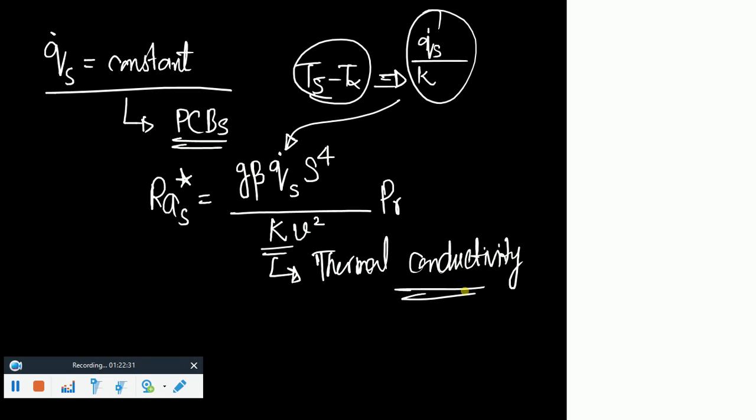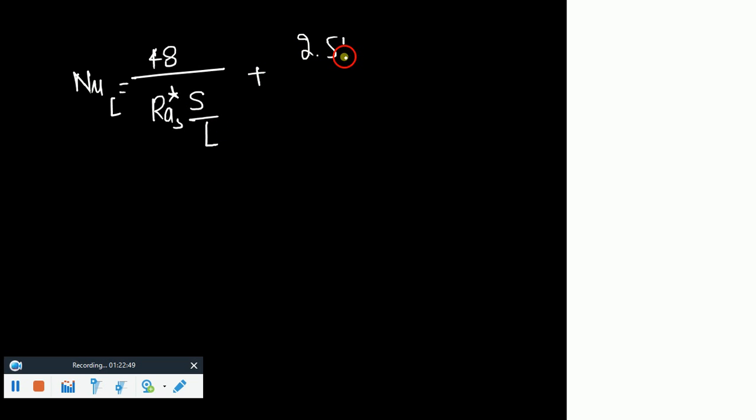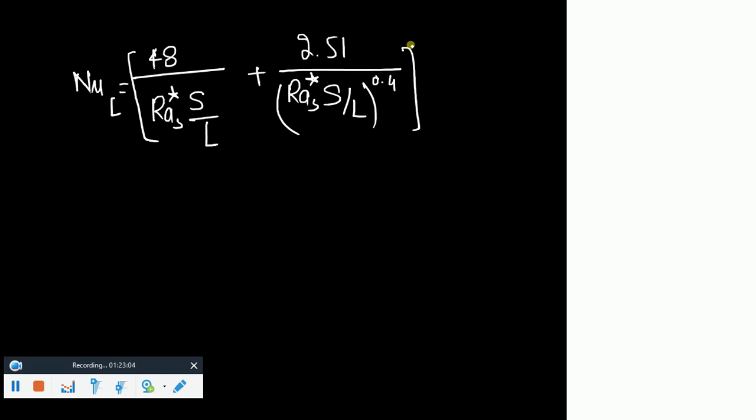And in that case, the relationship for the average Nusselt number would be 48 over the modified Rayleigh number S over L, plus 2.51 over Rayleigh number S over L raised to power 0.4, and the whole raised to power minus 0.5.